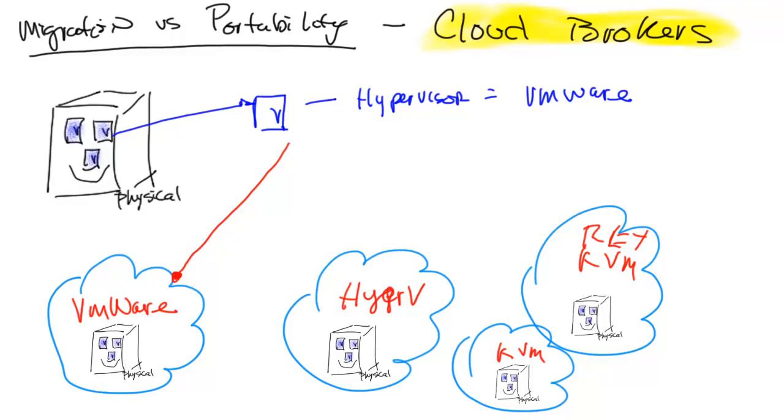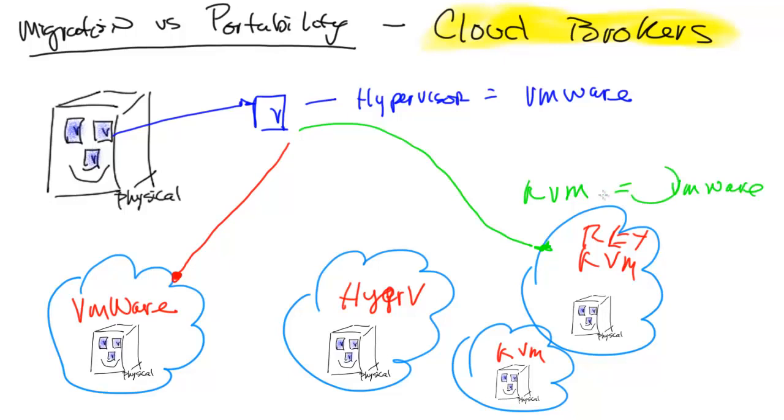Now let's say that I want to transfer or move this workload. So I want to take this virtual machine and move it over to a KVM environment, a Red Hat KVM environment. Remember, we're dealing with a different hypervisor. Will KVM run the VMware load?